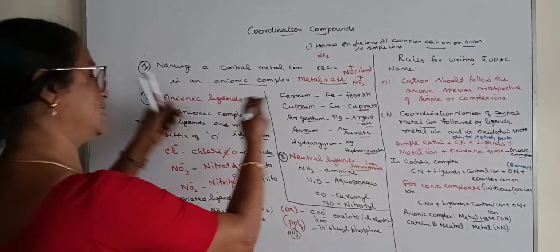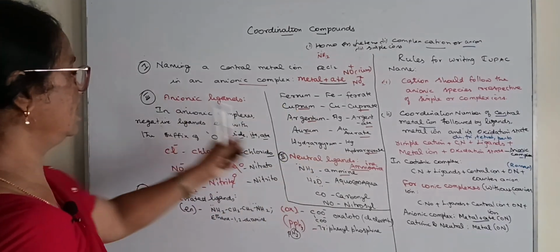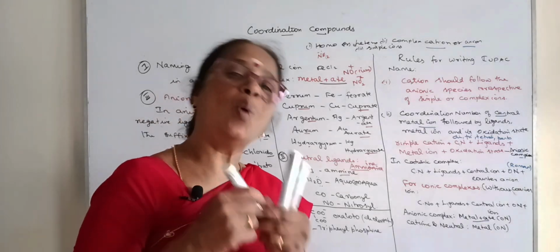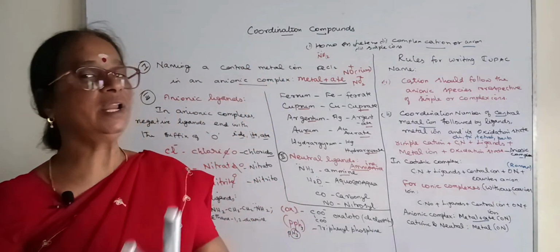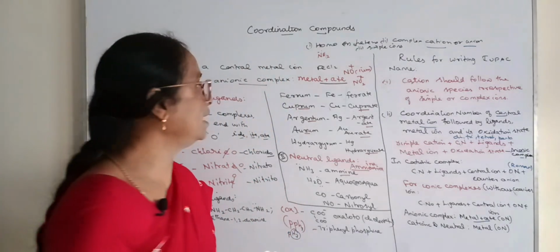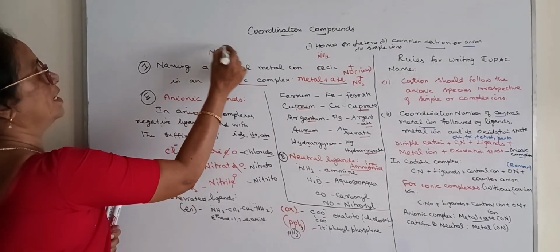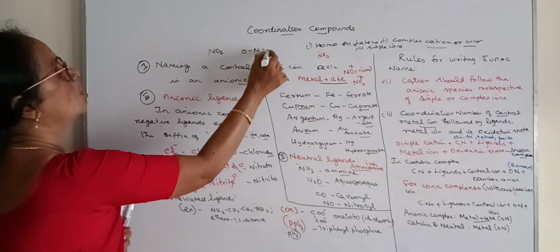Okay, we just discussed neutral ligands, anionic ligands as well as abbreviated ligands. What about ambidentate ligands? For ambidentate ligands, we have NO2 minus or ONO minus.